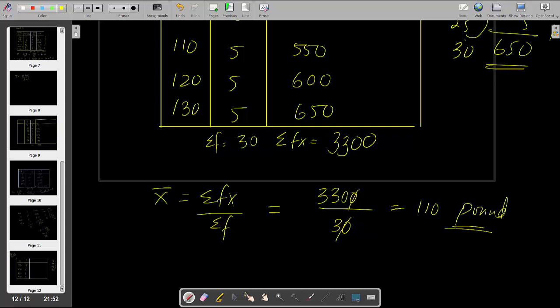This is your answer for question number 12. In your textbook for question number 12, the answer is given as 120, but the actual answer is 110. You can correct it in the textbook.